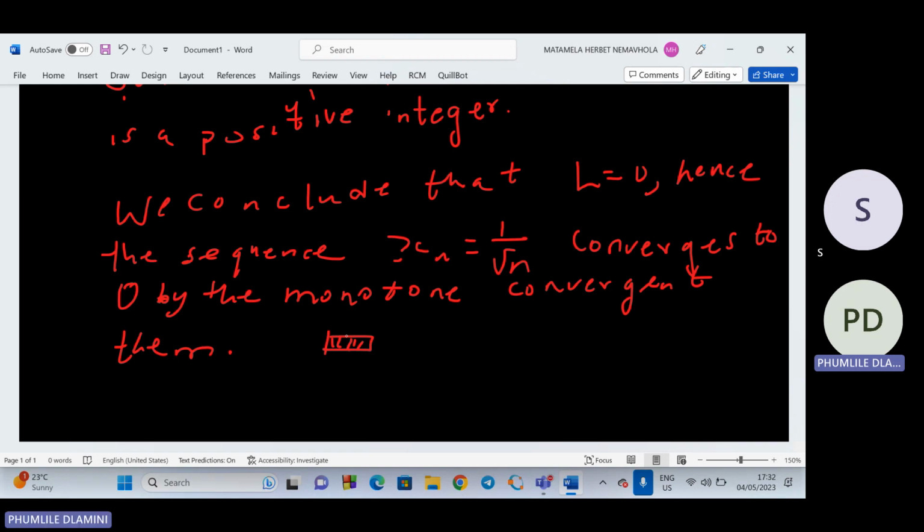Also x1 equals 1, which is fine. x2 is equal to 1 over 2 square root of 2, which is okay. Then x3 is fine, and so on. Clearly, we can check that x1 is greater than x2, which is true, and x2 going until xn, that statement is clear. That is, xn is a monotonic decreasing sequence, which is true.